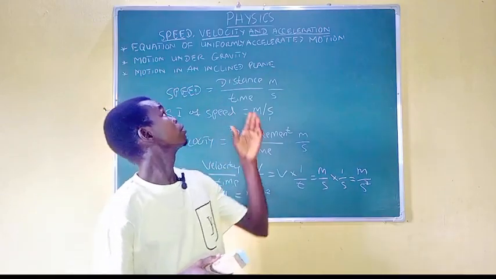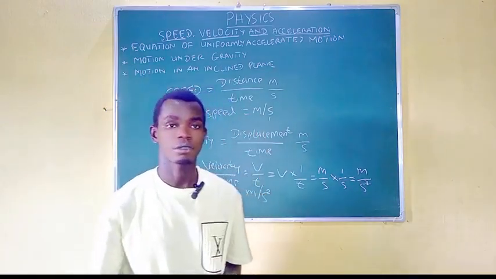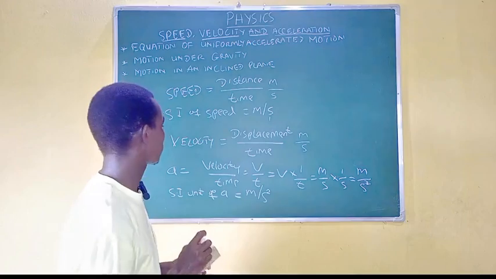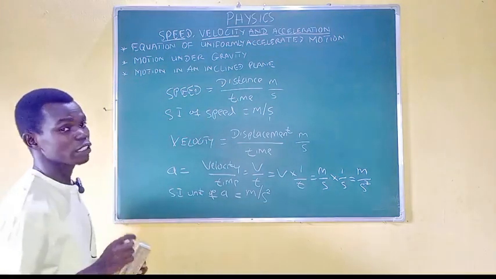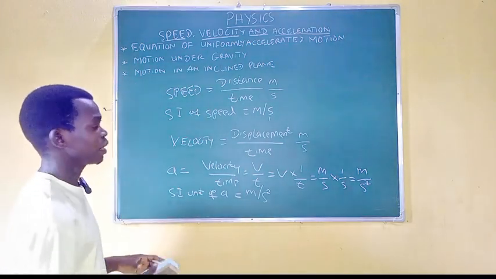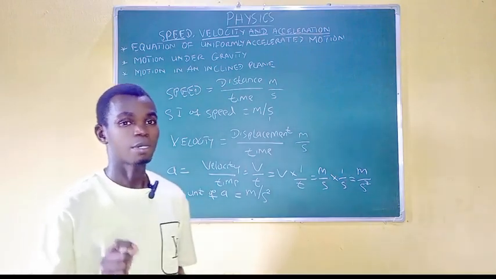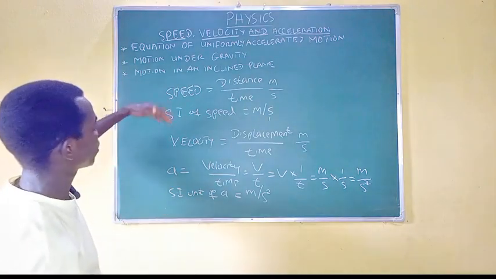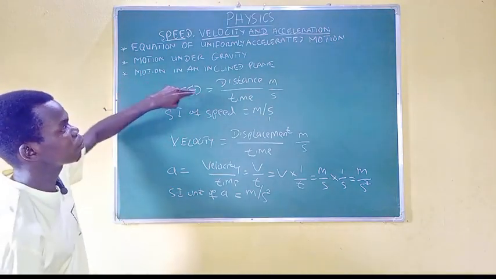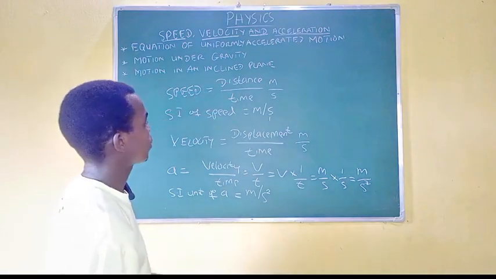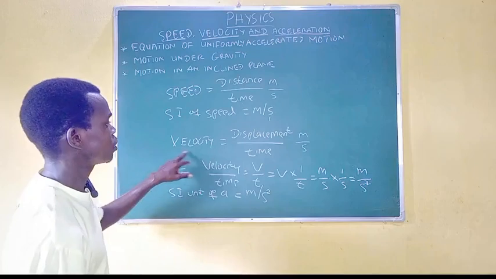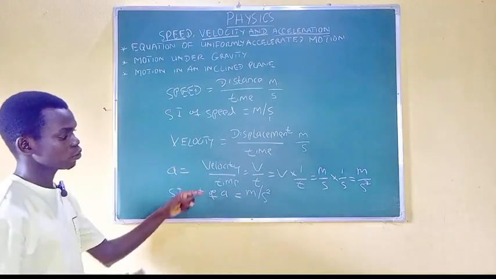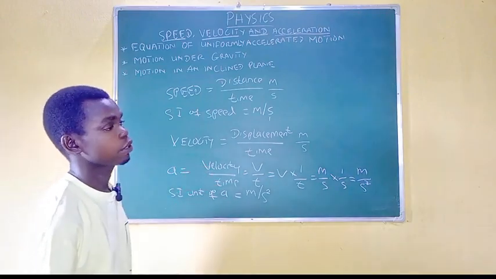In this topic, speed, velocity, and acceleration, there are two major methods we use in calculation. One is by definition, and the second one is by graphical method. By definition, we have already seen that speed is equal to distance over time, while velocity is displacement over time, and acceleration is equal to velocity over time.